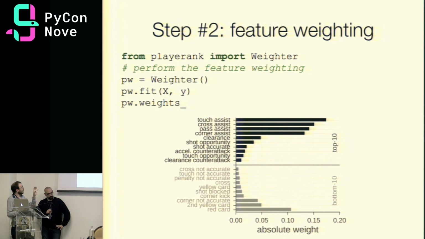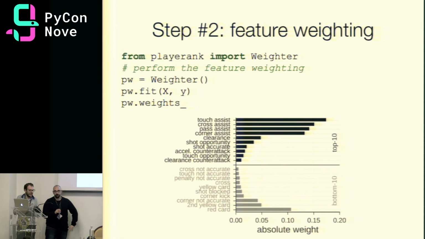We replicate the same structure of scikit-learn classes, and we train a machine learning model using our training data, and we finally get a set of weights that is the importance of each feature to get the most reliable prediction of outcome given the performance. So our model just takes the performance of a team and tries to predict the final outcome. At the end, we get the weights of each feature.